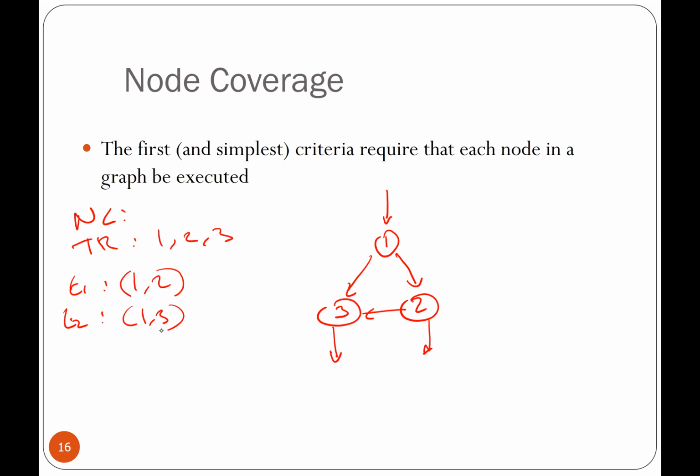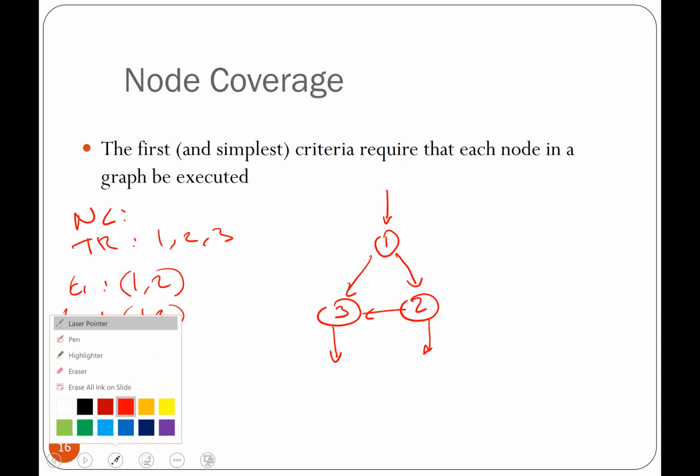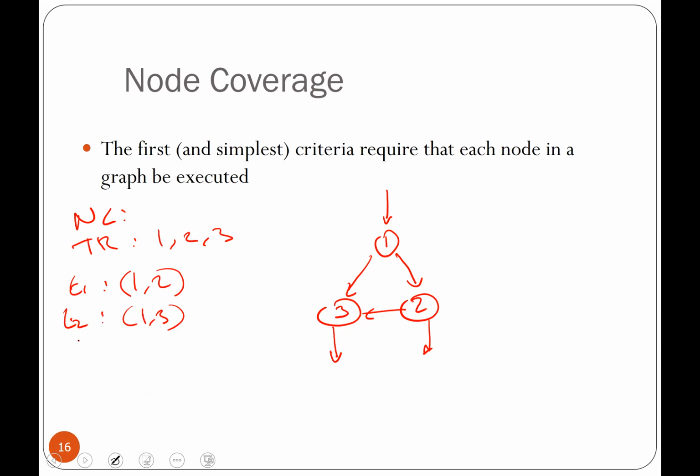Now, looking at 1, 2, and 1, 3, I have actually satisfied the three requirements. Here 1 covers 1, 2 covers 2, and the 3 over here covers 3, which means I've satisfied the entire set of test requirements, which means I've satisfied node coverage.